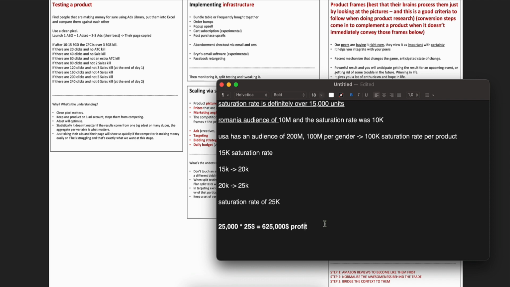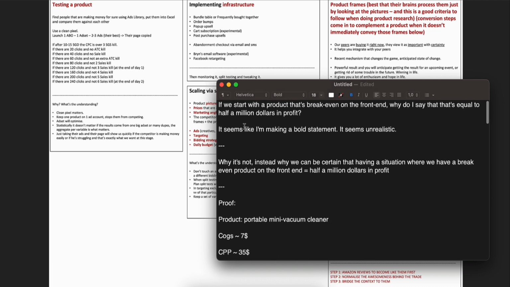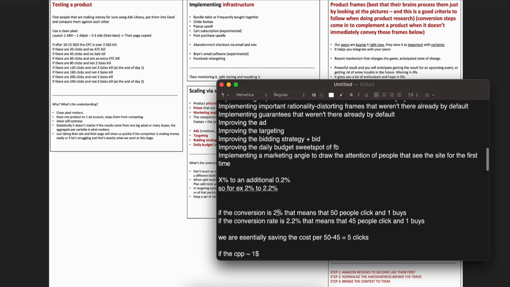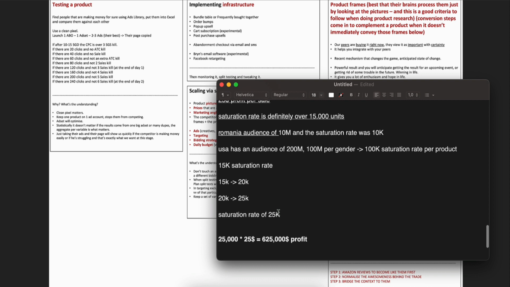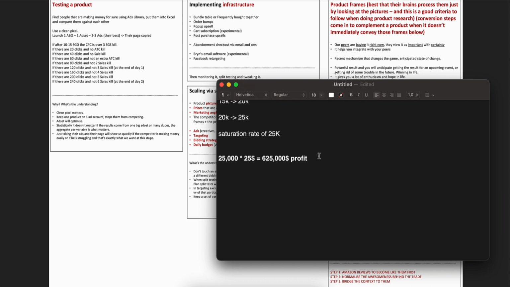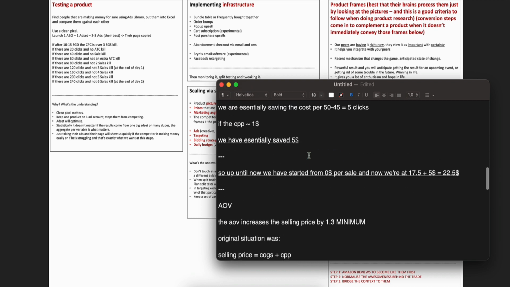And I was extremely conservative in a bunch of ways, right? So this is my analysis to show how if we start with a product that's break-even on the front end, it's pretty clear that by doing all of those things and being extremely conservative over and over and over again, we are going to reach at the minimum more than $500,000 in profit.